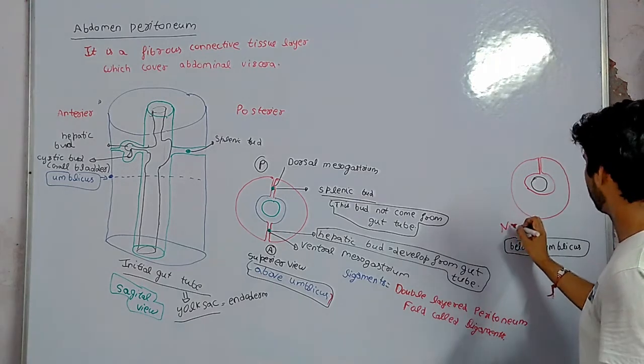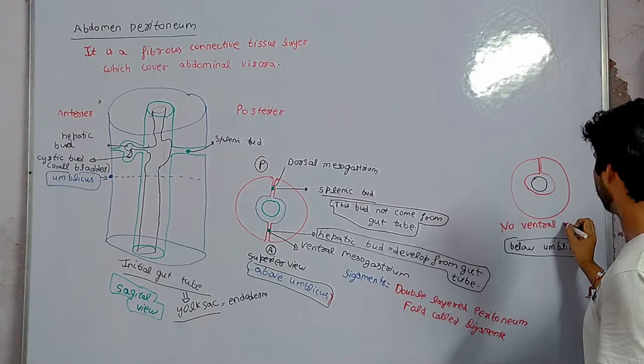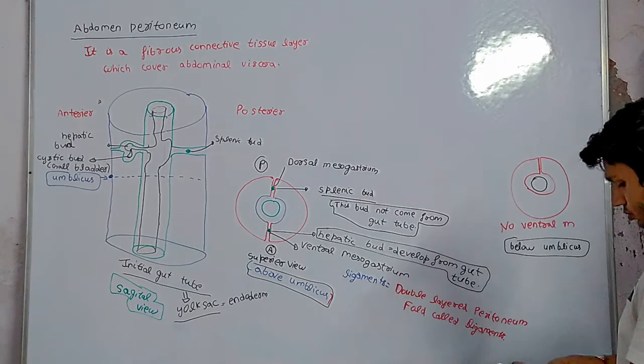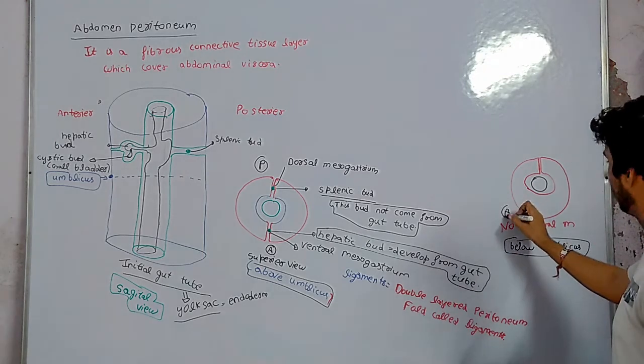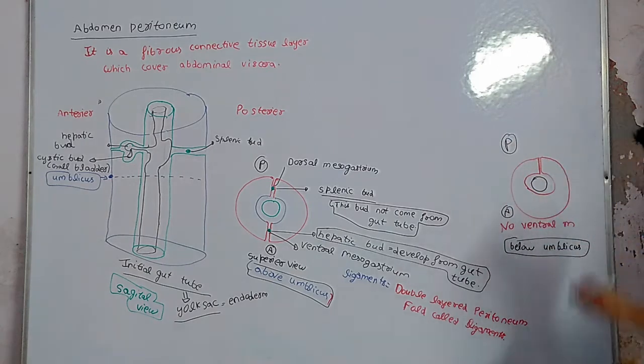No ventral mesogastrium, but the dorsal mesogastrium is present. Again, this is anterior. If we say superior view, so anterior, posterior. The ventral mesogastrium is not present, but the dorsal is present. Done.